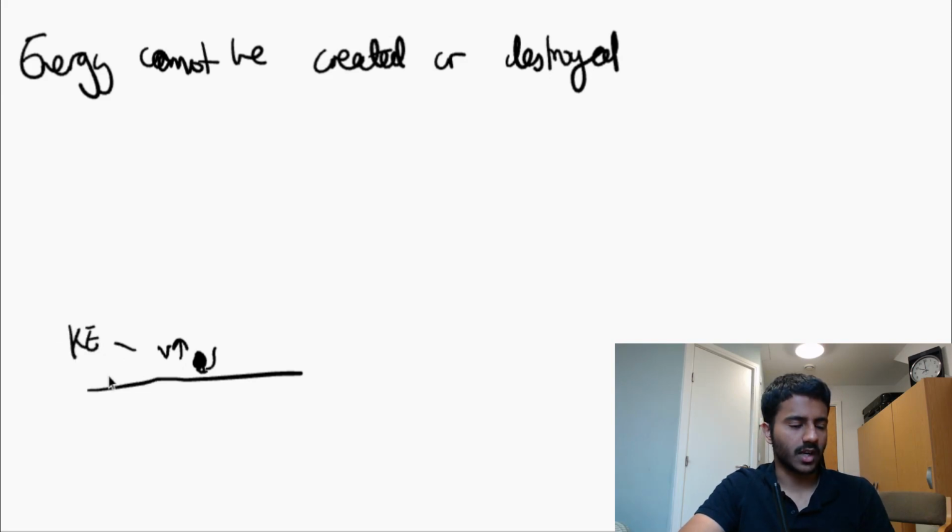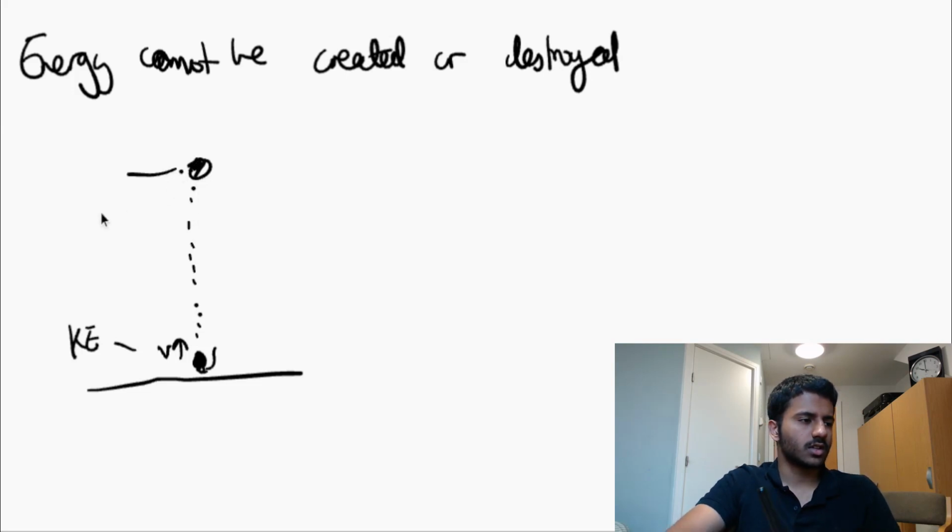I'm giving it some kinetic energy. So it then goes up into the air, and you know that it stops. At this point, all the kinetic energy has been converted into gravitational potential energy.